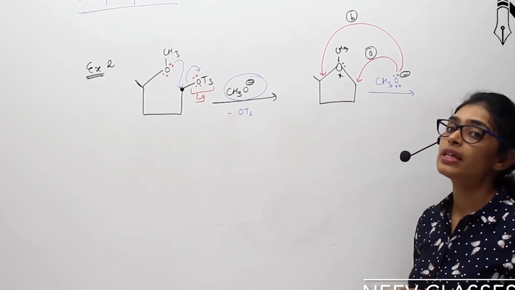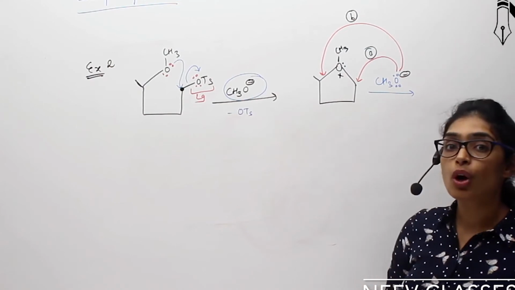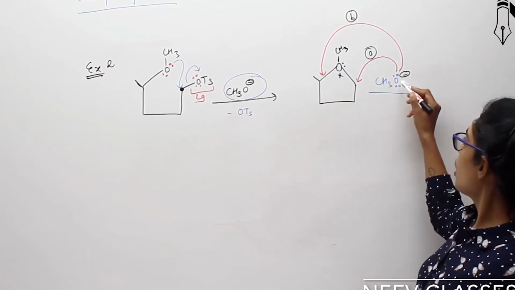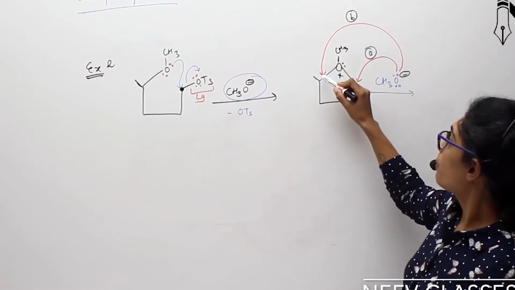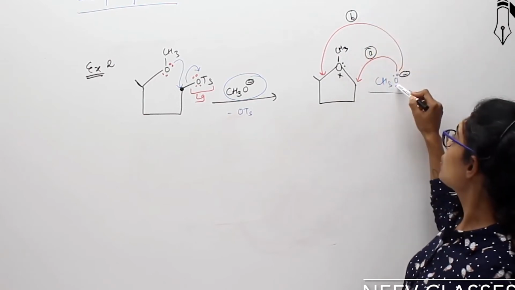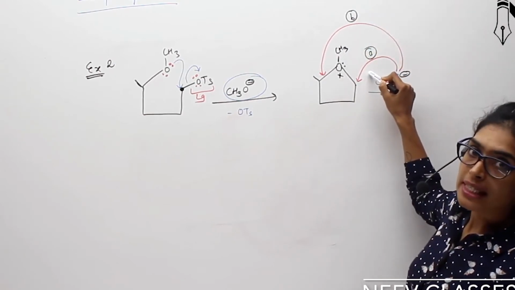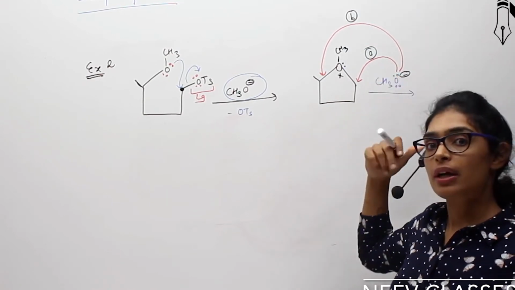So this mechanism is very similar to the SN2 mechanism, and in that case it will look out for steric hindrance factors also. Wherever the steric hindrance is more, reaching the carbon will become very difficult. So rather than opting for pathway B, this nucleophile would like to go by path A, so that it can face less steric hindrance and can break the existing bond and make a new bond.